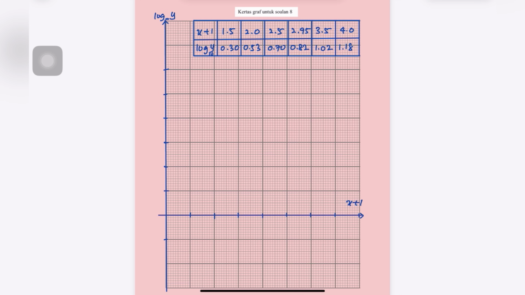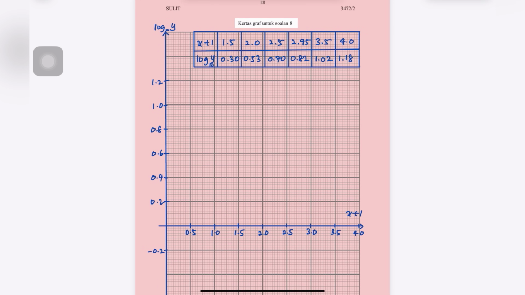Then from the table we constructed, we draw the x-axis and y-axis. So for the x-axis, 2 cm to 0.5, and for the y-axis, 2 cm to 0.2. So we label 0.5 for 2 cm, and for y, 2 cm to 0.2.